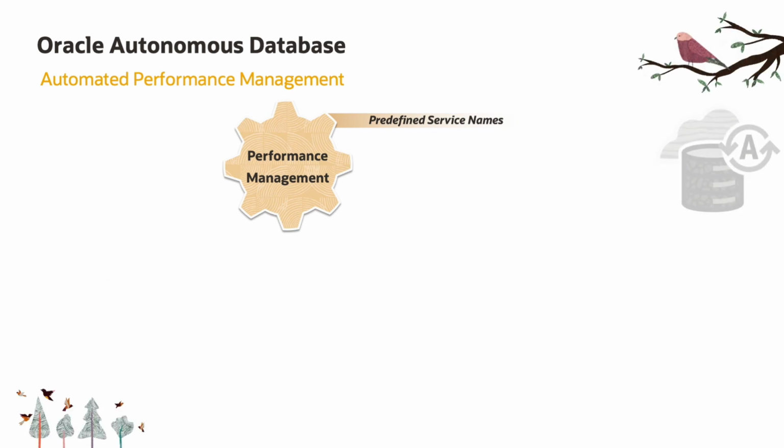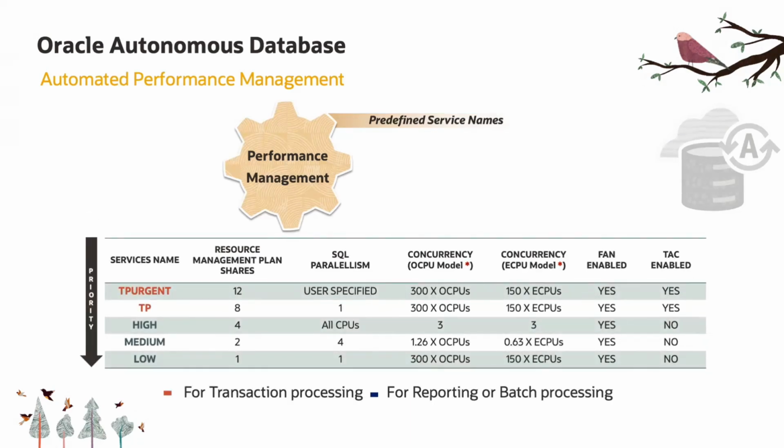As you can see in the table below, there are 5 different consumer groups. ATP and AJD provide all the 5 different consumer groups, while ADW provides high, medium, and low consumer groups. TP Urgent has the highest priority for critical transaction processing, and it allows you to manually set the parallelism in your application query.